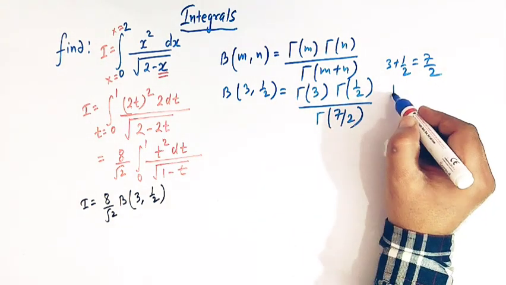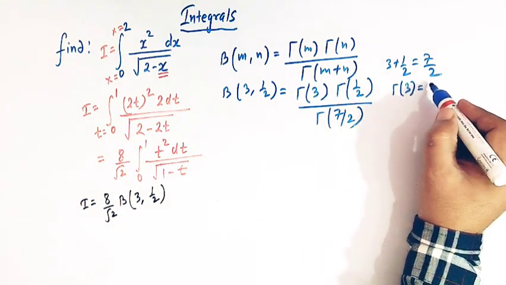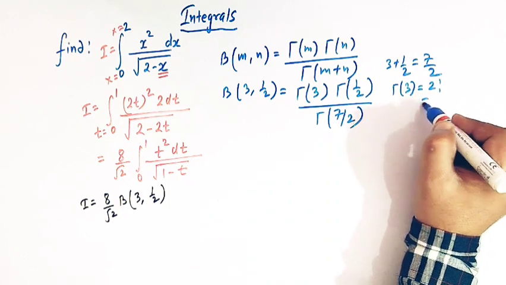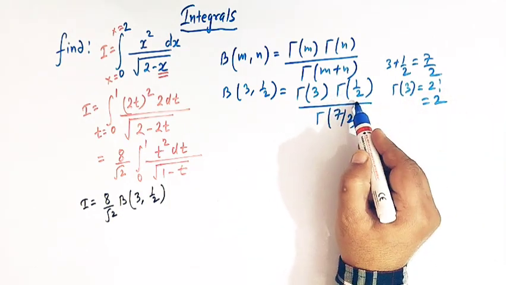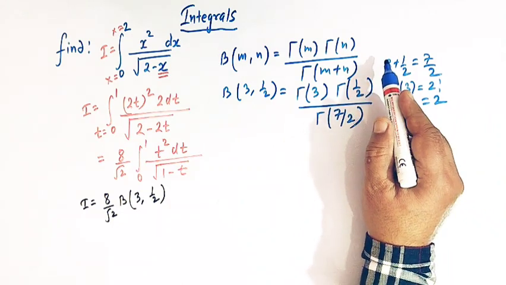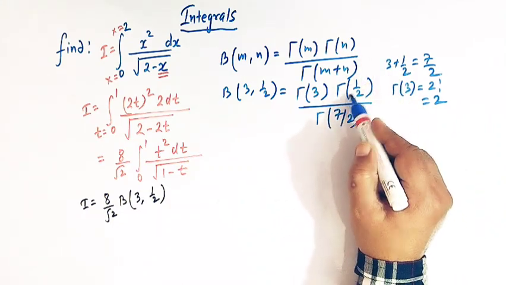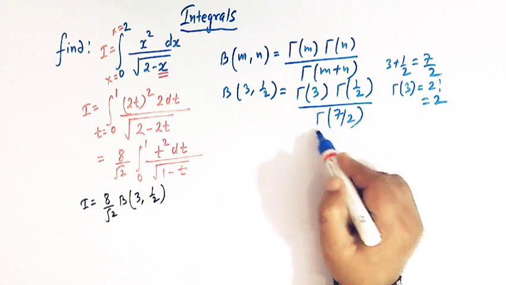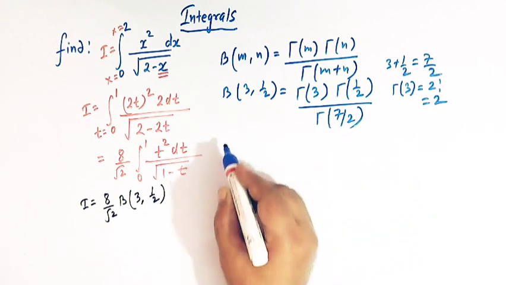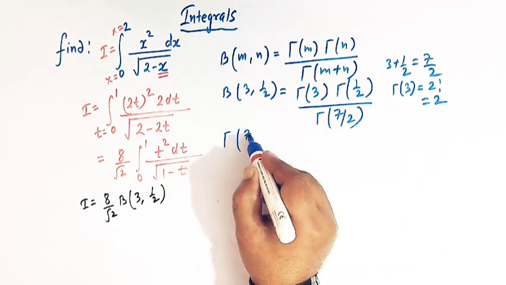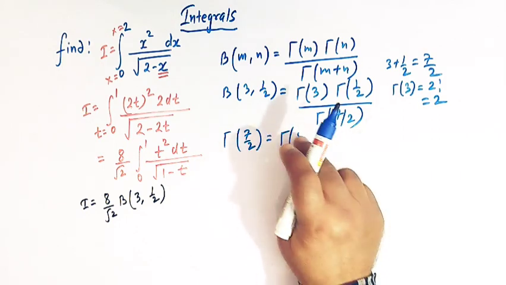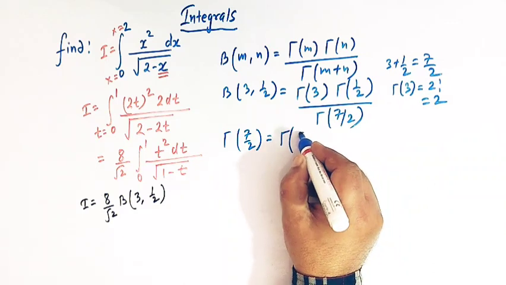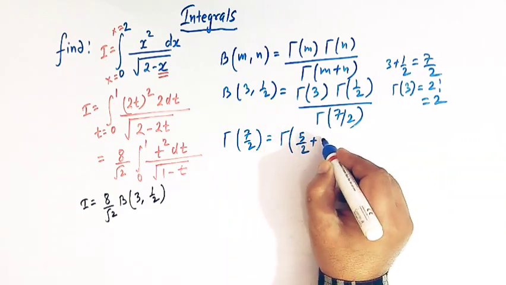Now see, gamma of 3 can be written simply as 2 factorial, which is 2, and here gamma half can be replaced by square root of pi, but we'll cancel it out from the denominator, right? Now see, gamma of 7 by 2 can be written as gamma of 5 by 2 plus 1.